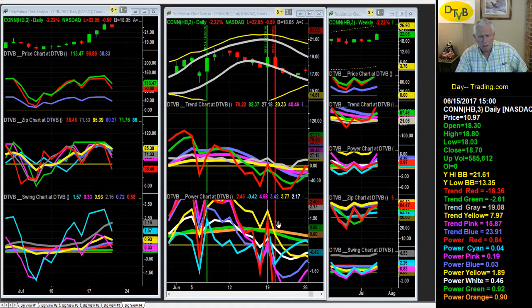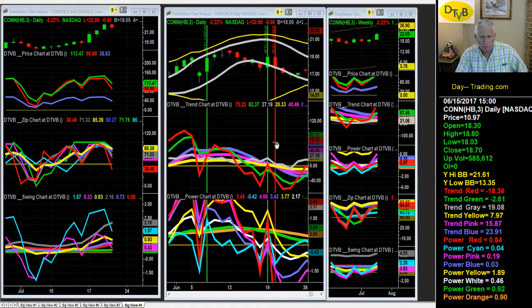Notice the trend red as well crossed over zero, and the trio lines, yellow, pink, blue. And sometimes when you have both trend red and power red crossing over at the same time, it's helpful. Down below, power pink and white and blue crossed over the zero line, but again not as high as the power line, but they all crossed over.